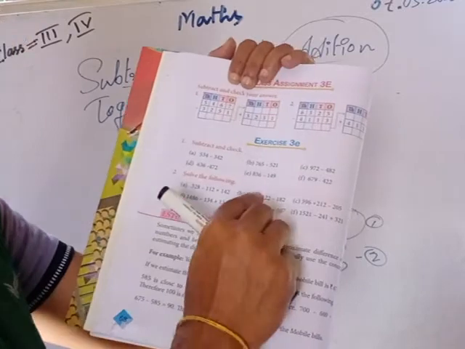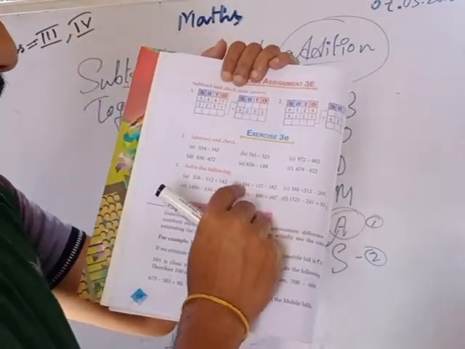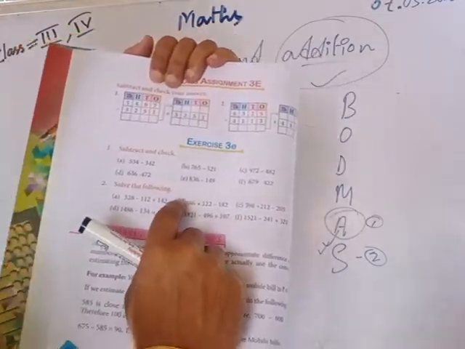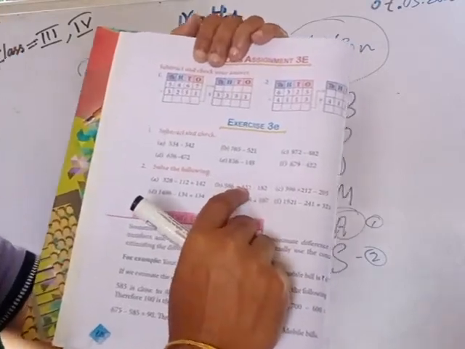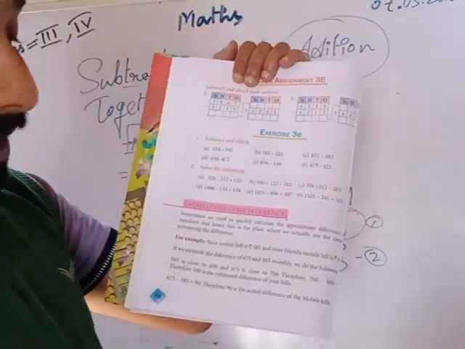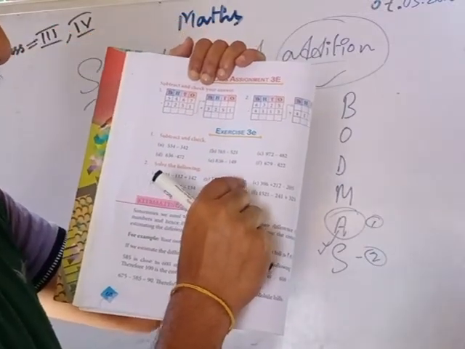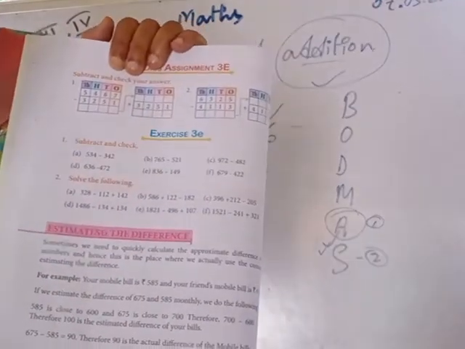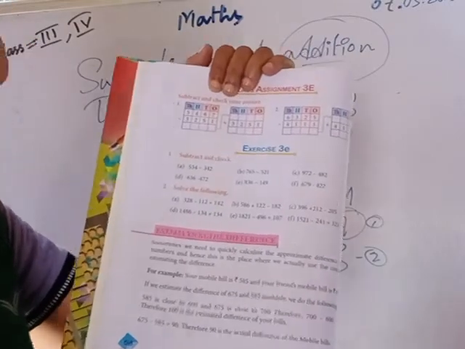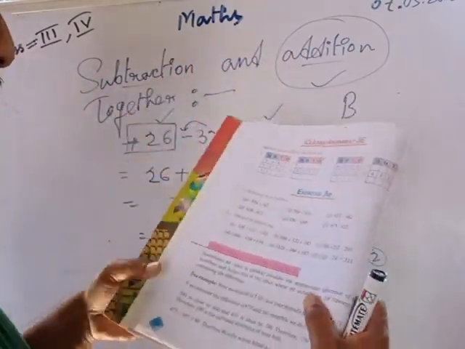But here is 586 plus, previous sign plus, and also 122, previous sign is plus. That means you should add these two numbers. After getting the result you should subtract 182 from this result. So you should do it properly.